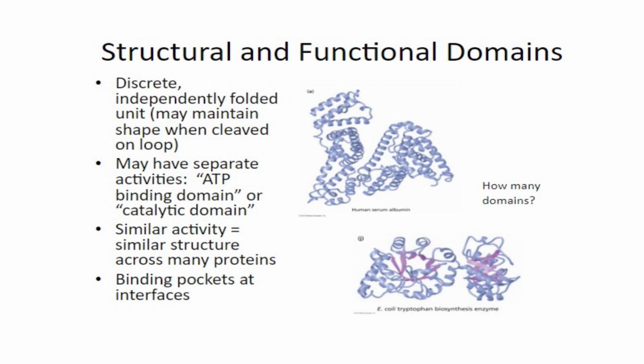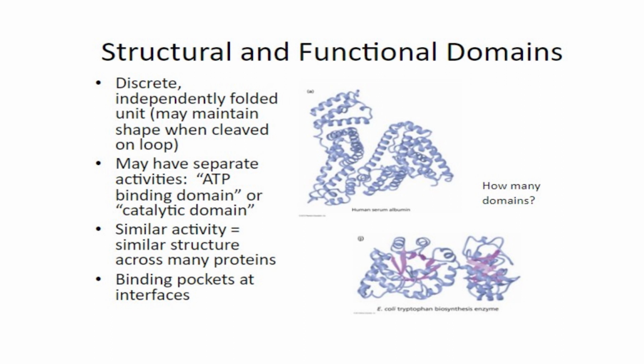They may have separate activities. Each domain has its separate activity, and separate activity means separate function, such as an ATP binding domain or a catalytic domain. Suppose the protein has two domains: one domain may be linked with binding of ATP, adenosine triphosphate, and another domain may bind a substrate, that is, the catalytic domain.